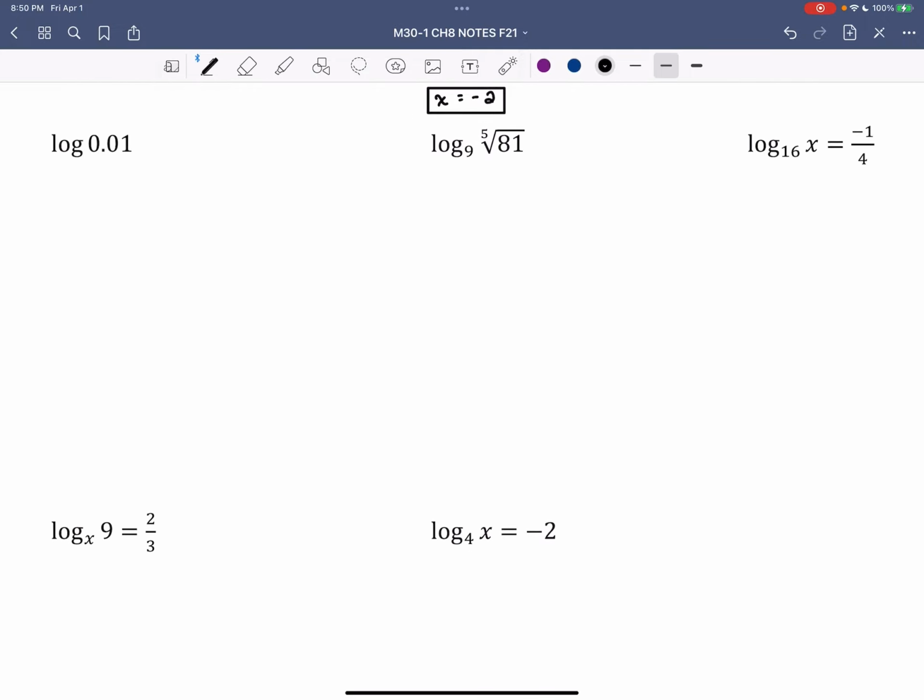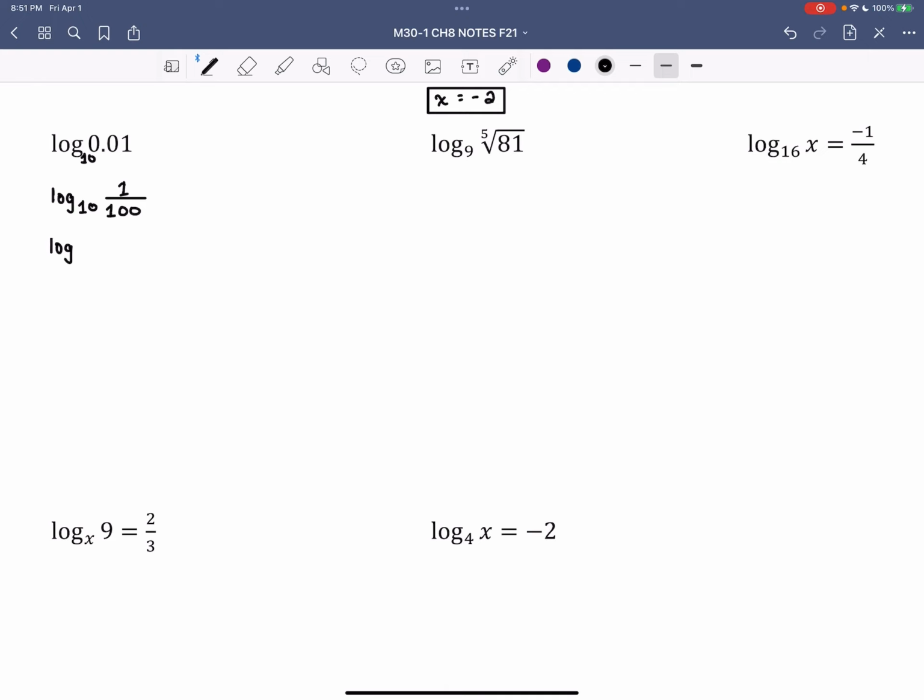Next, log of 0.01. Notice there's no base, so that means log base 10 of 0.01. Let's write 0.01 as a power of 10. First of all, it's log base 10 of 1 divided by 100.